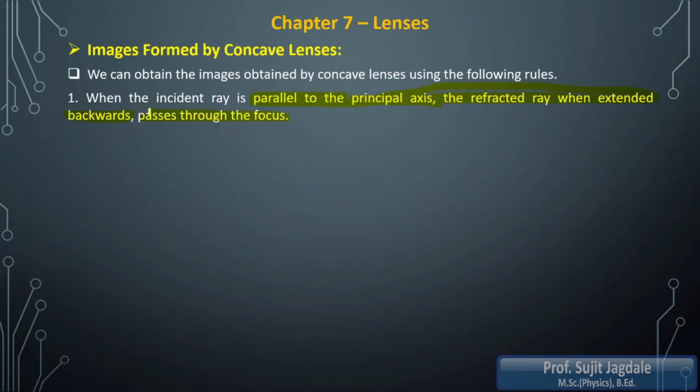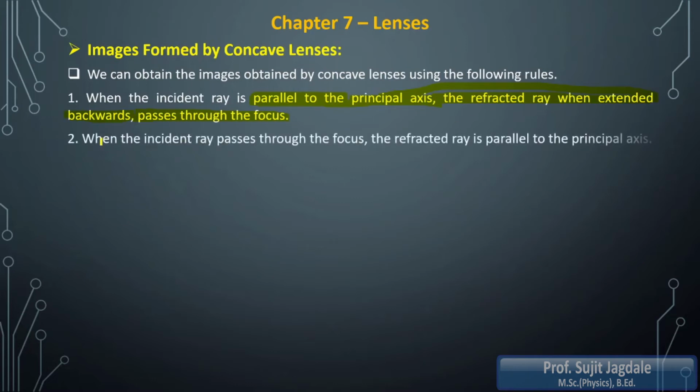Because a concave lens is a diverging lens, the rays move away, that means they diverge. So we have to extend them backward, and then they pass through the focus.